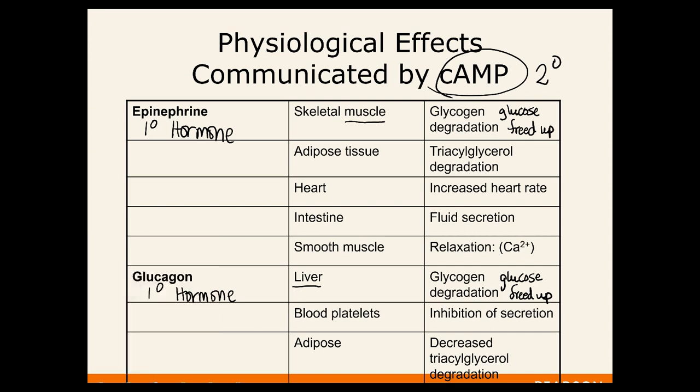So the two that I focused on were this one and this one on the previous slide. Okay. Later in the course, we're going to look at triacylglycerol degradation. And so we're going to look at these, but that's a little bit later in the class.